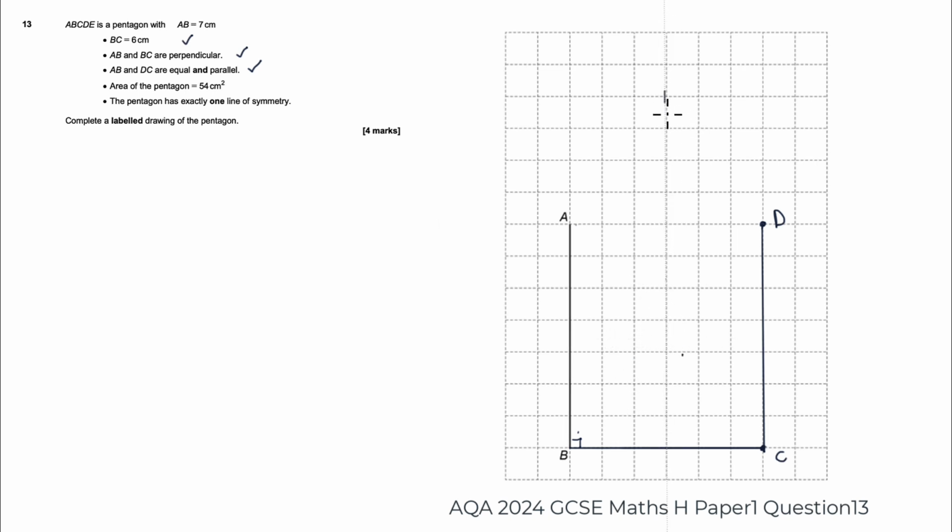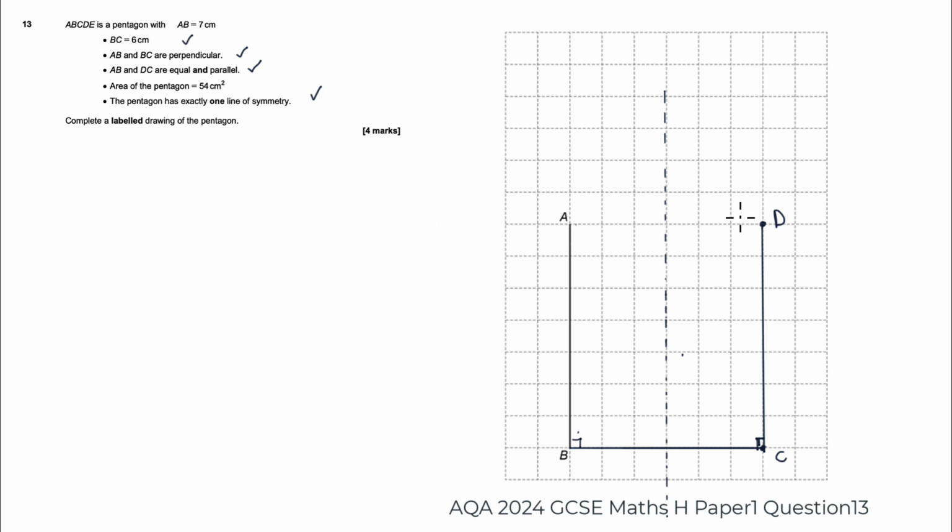So let's draw that. It's usual to draw lines of symmetry with a dotted line. So that's the line of symmetry. Whatever goes on the left hand half will mirror what goes on the right hand half.